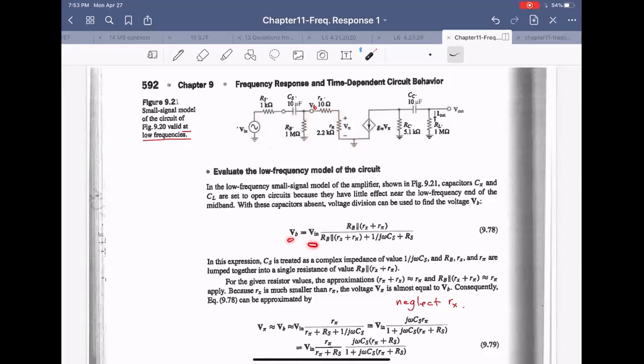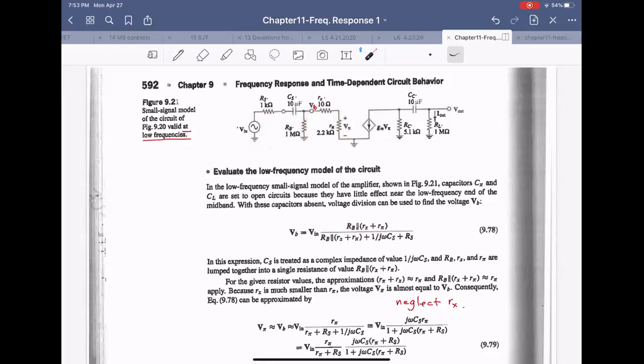So VB is V in times the total impedance from here to ground, which is RB parallel to r pi. Ignore this one, okay? RB and r pi are in parallel, plus this one, which is 1 over J omega CS plus RS. And the VB is applied just from here to here, RB and r pi in parallel. There. No problem, right?